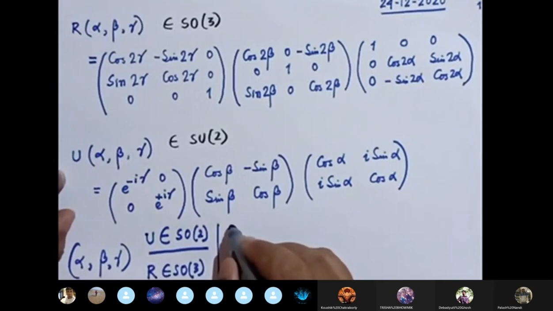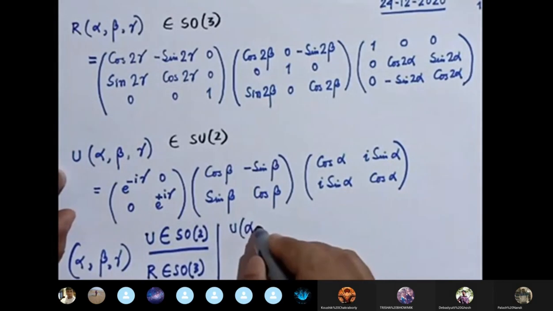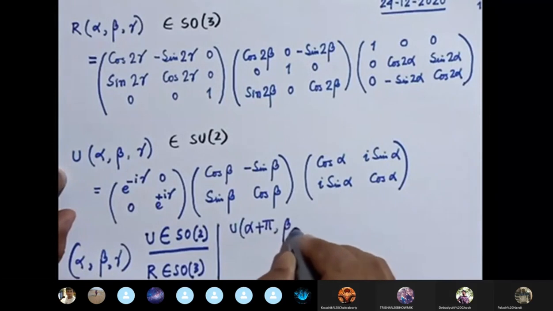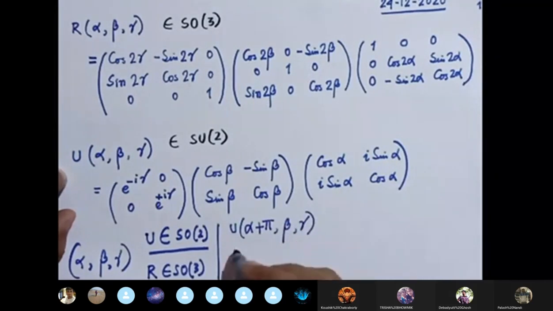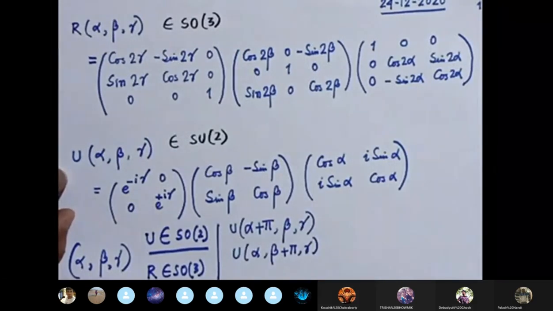Therefore, we can write u of alpha plus pi, beta, gamma, or u of alpha, beta plus pi, gamma, or u of alpha, beta, gamma plus pi, or in general u of alpha plus pi, beta plus pi, gamma plus pi.